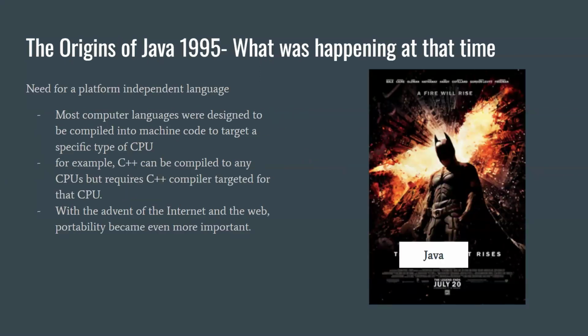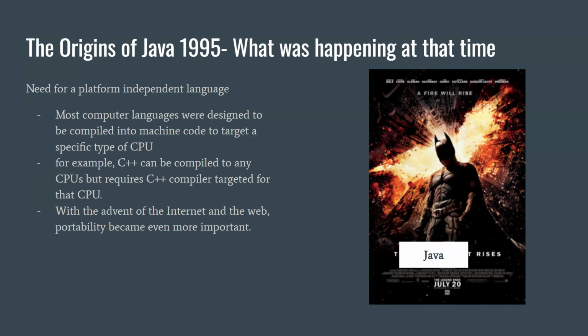Let's talk about the origins of Java in 1995, and it will probably make more sense if we talk about the context of what was happening in 1995. At that time, there was a need for a platform independent language.